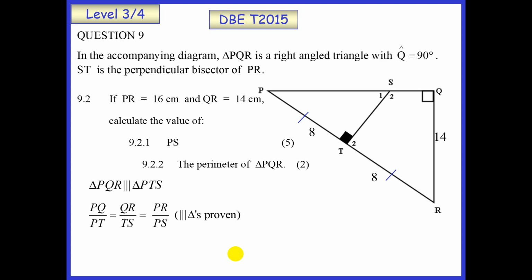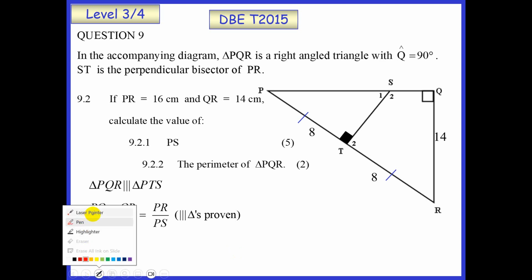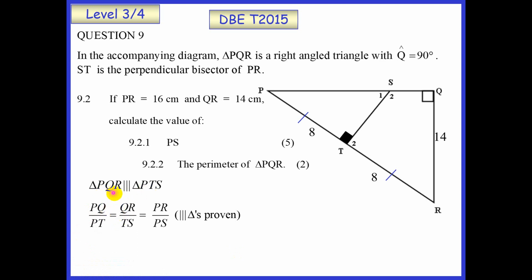I just jumped a slide. So remember what we are saying now. From this, we have PQ over PT is equal to QR, that's the last two, over TS, which is equal to PR first and last, and that should give you PS first and last.